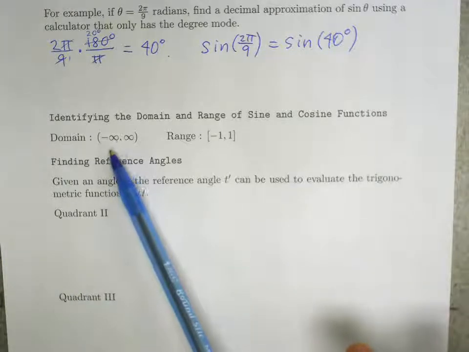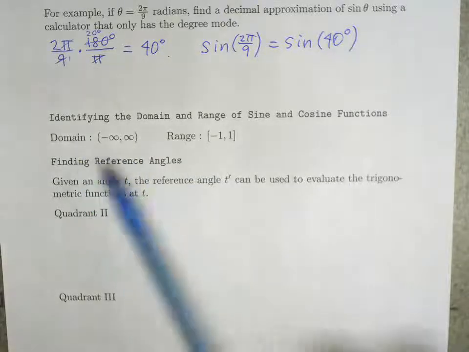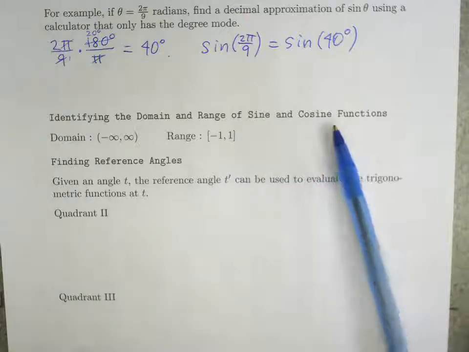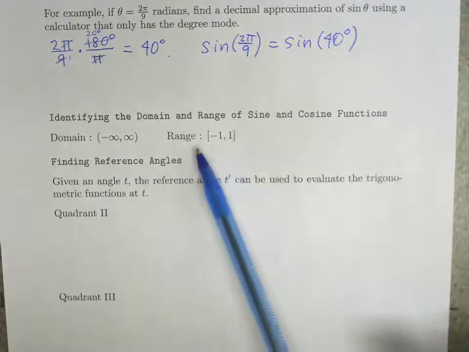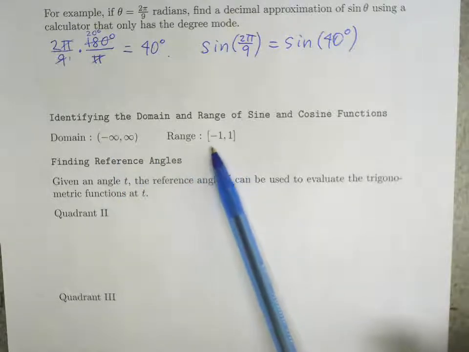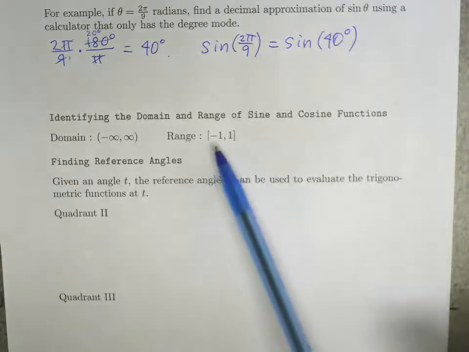The central angle can be any real number between negative infinity and positive infinity. So the domain of the sine and cosine functions is all real numbers from negative infinity to positive infinity. But the range is between -1 and 1, including the endpoints -1 and 1.